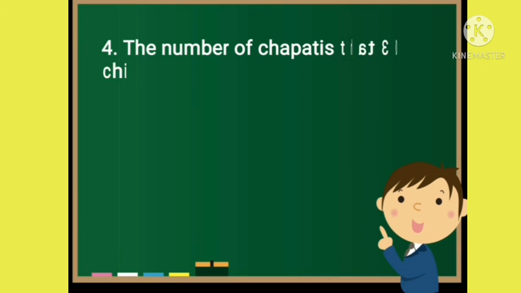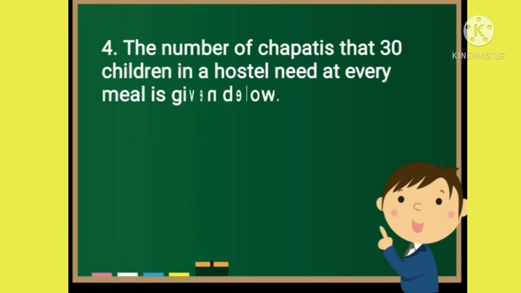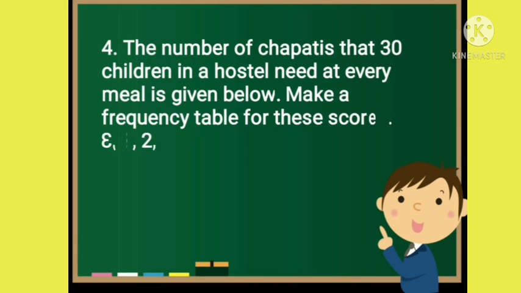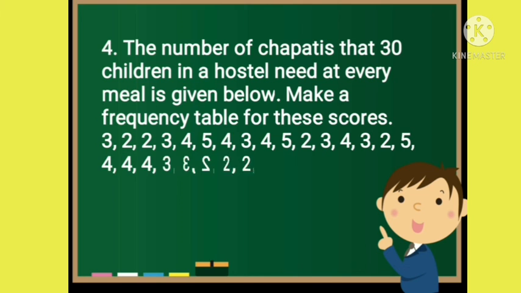Let us see the fourth one. The number of chapatis that 30 children in a hostel need at every meal is given below. Make a frequency table for these scores. We have to prepare a frequency table for that.